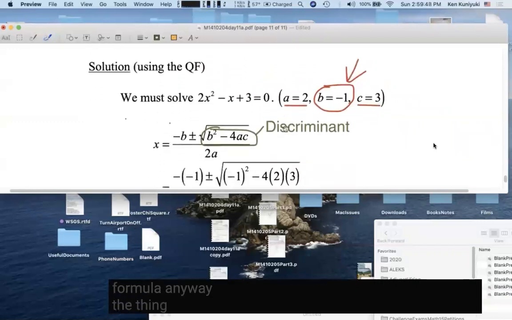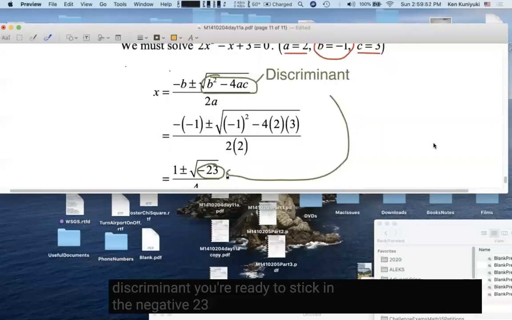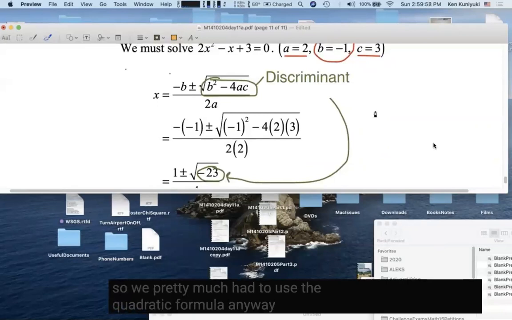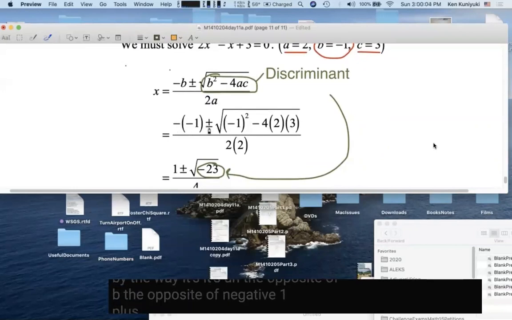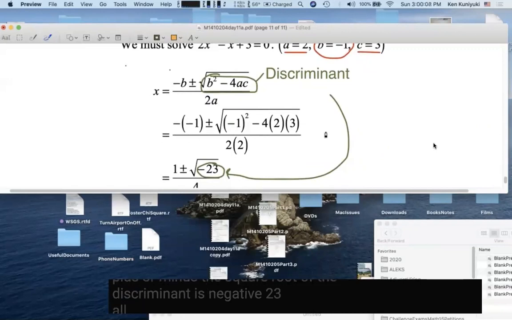You would have had to resort to the quadratic formula anyway. The thing is, if you work out the discriminant, you're ready to stick in the negative 23 right there in the radicand. So we pretty much had to use the quadratic formula anyway. By the way, it's the opposite of b, the opposite of negative 1, plus or minus the square root of the discriminant, negative 23, all over 2a, twice 2.